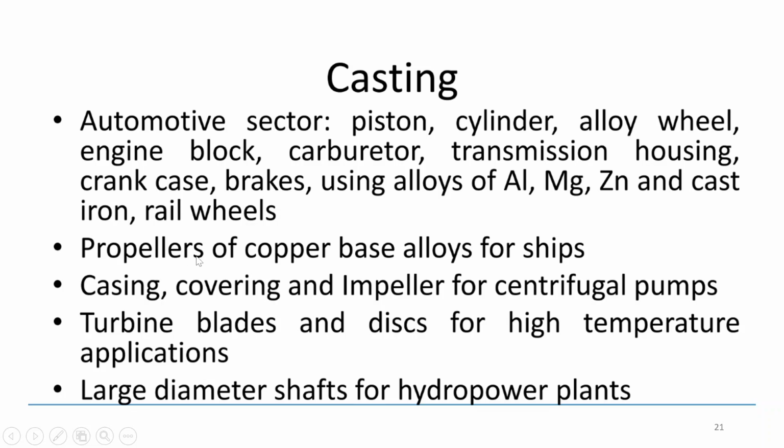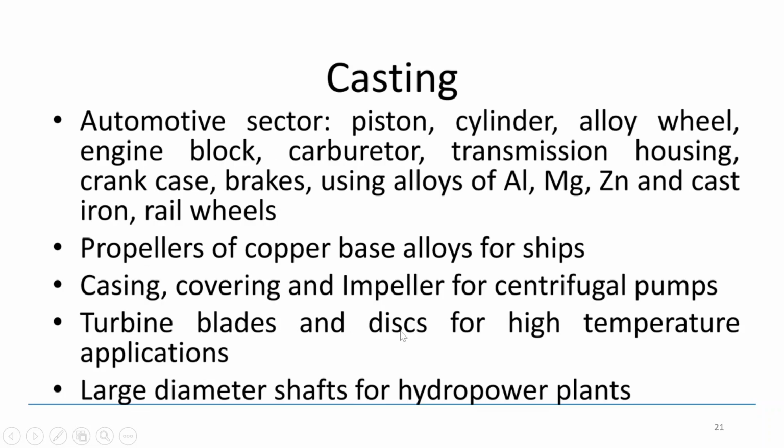And in the case of propellers, copper based alloys for ships, and casing, covering and impellers for centrifugal pumps. Impellers are the rotating blades, and propellers are also blades which are not covered by encasing. So these all are made by casting.